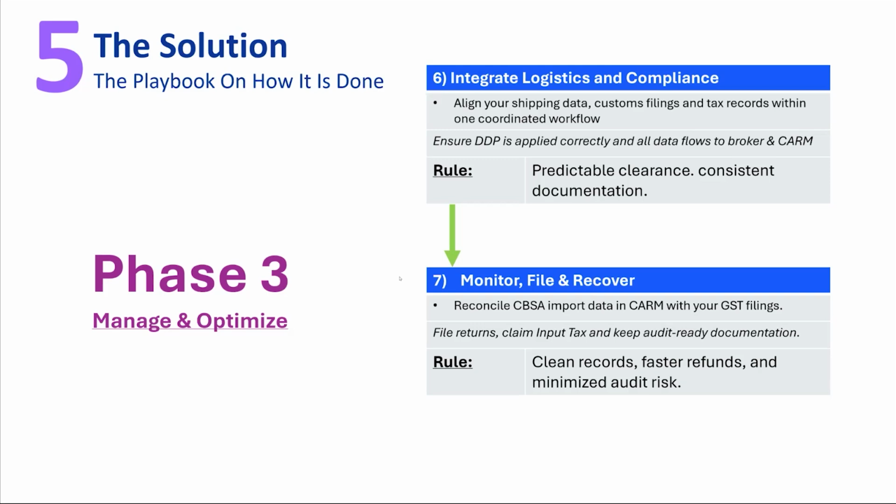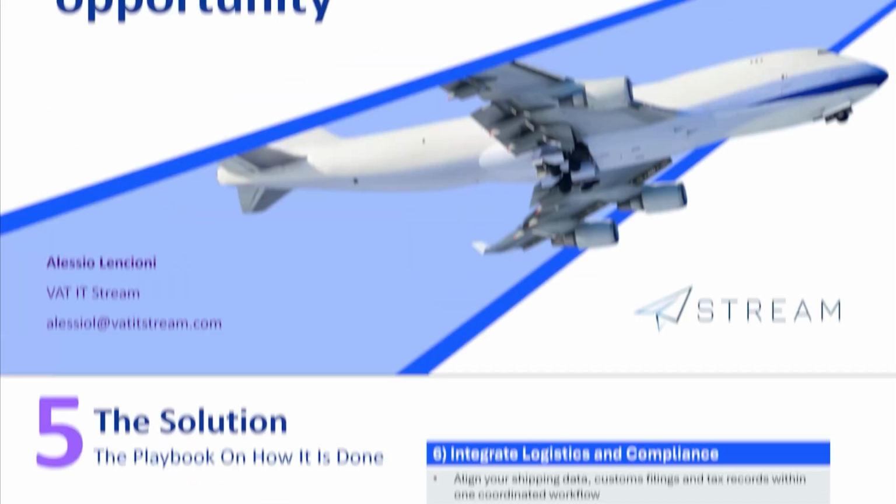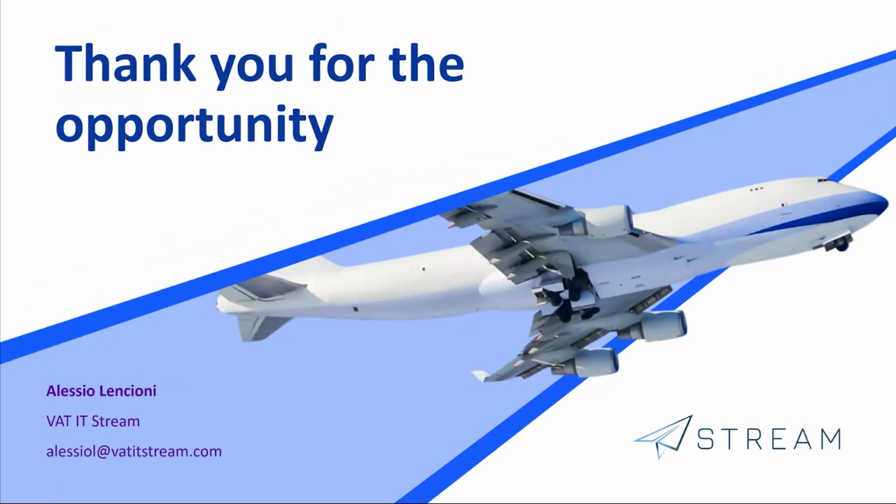So when we speak about a playbook, it's not just compliance, but ultimately about creating a reliable, repeatable, and most importantly, a profitable export process into Canada that you can use for many years to come. In closing, this playbook gives you the framework to ship confidently, as well as to maximize your tax efficiency while still remaining audit ready, if we can put it that way.